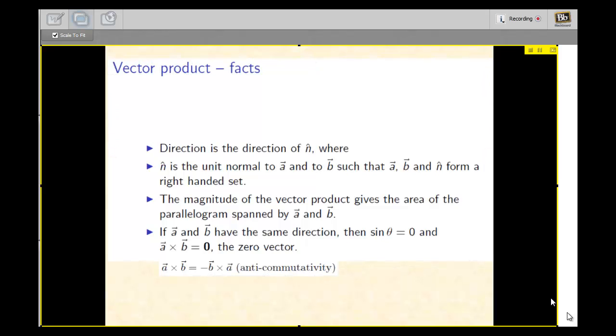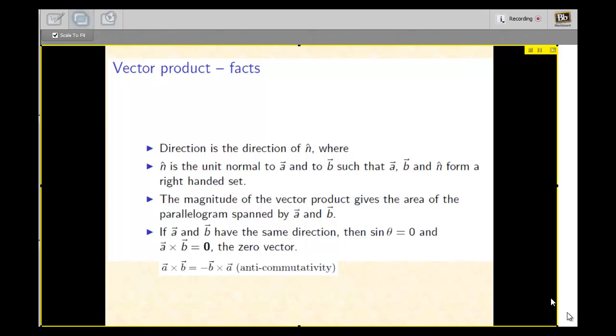The direction is the direction of n, where n is the unit vector perpendicular to a and b, such that a, b, and n form a right-handed set. n is always on the top. If you turn your fingers, wherever the direction of your thumb is, that is the unit vector.